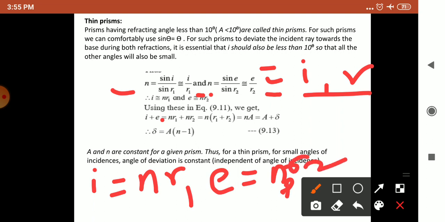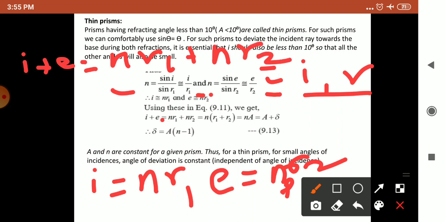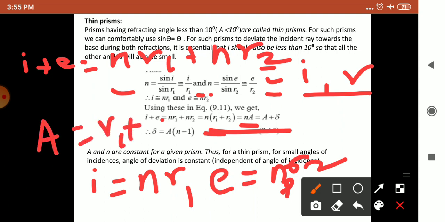Then from this we can write I plus E is equal to n r1 plus n r2. So n is common, n times r1 plus r2, and A is equal to r1 plus r2.